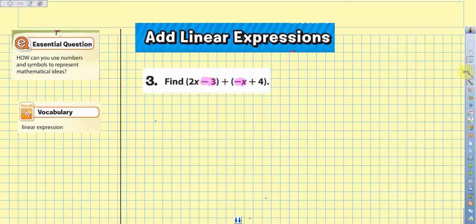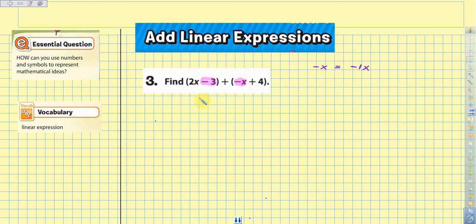So I'm going to rewrite this problem, but this time I'm going to rewrite it by adding the opposite, and I just need to watch out for this negative x here. Remember, negative x is equal to a negative 1x. It's the same thing. There's 1 there. There's 1x. X isn't equal to 1. It's just 1x.